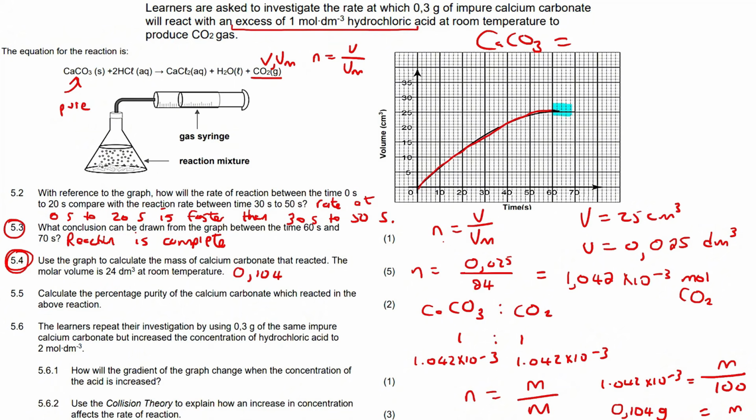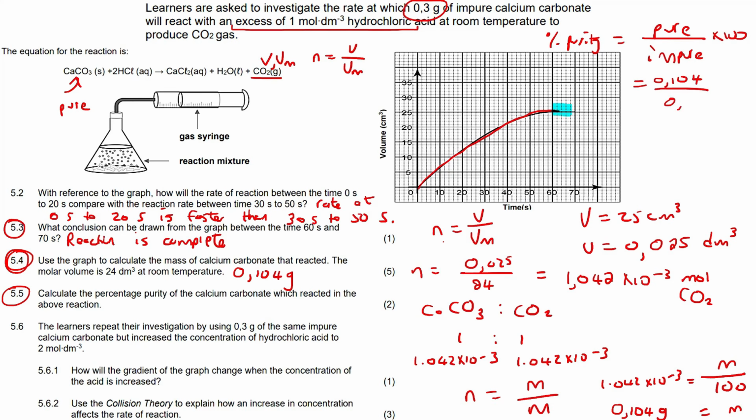Okay, now calculate the percentage purity. That's an easy question, because to calculate percentage purity, all you do is take the pure mass divided by the impure mass, and you multiply that by 100. So the pure mass is 0.104. The impure was the one that Tuobi gave you, 0.3.